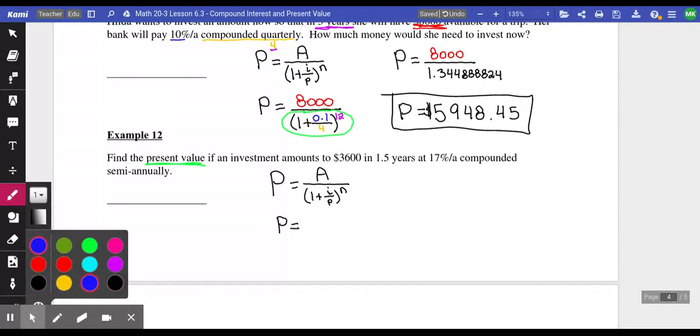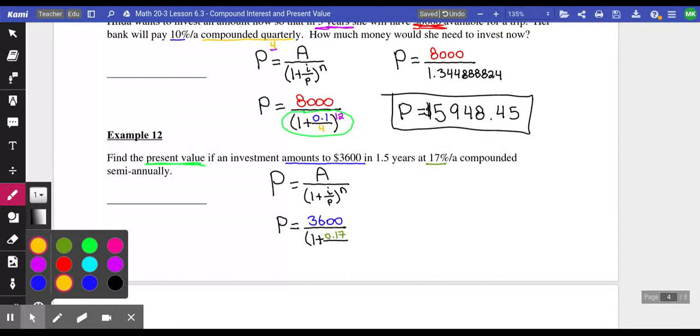A is your ending amount. So you're going to amount to $3,600, divided by 1 plus your interest rate. Your rate is 17%, so it's 0.17, divided by the number of times that you're going to get charged a year.